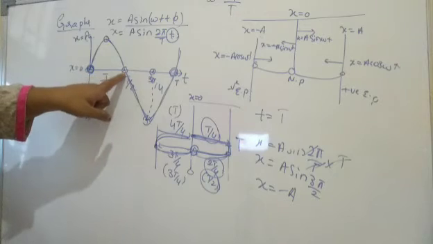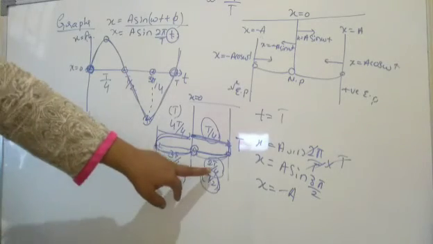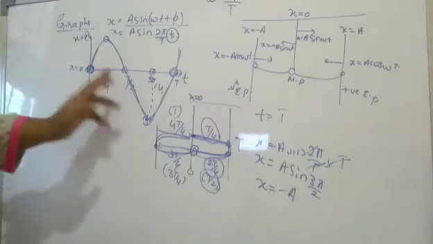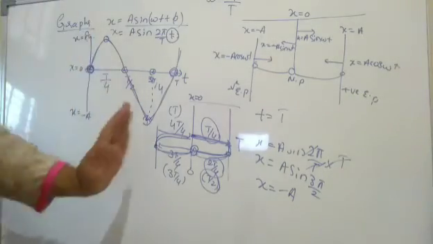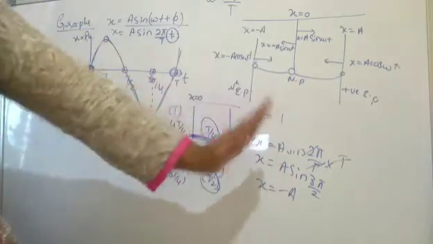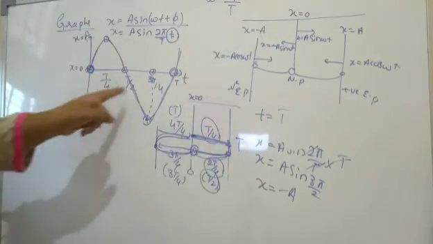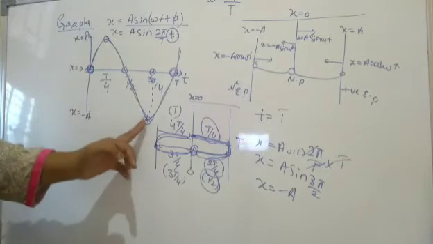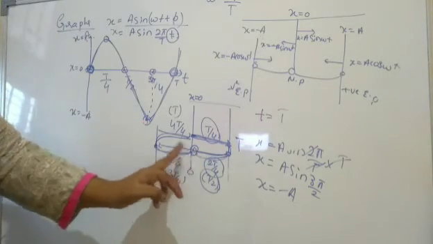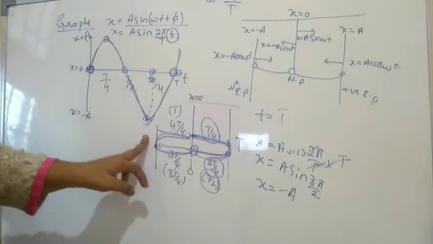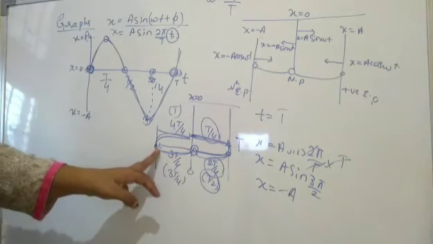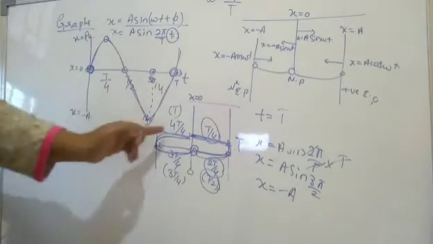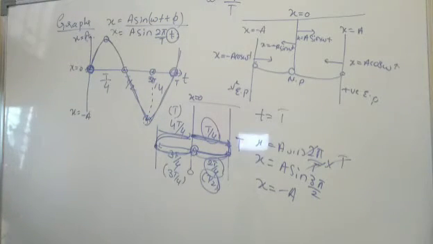Then again it is coming back to 0, the second time of coming back to the origin position, right? Second time means 0 to extreme, extreme to 0. Then again 0 to extreme. Which kind of extreme? Negative extreme. So this is the negative extreme. We are getting minus a. Then after going to the negative extreme, it has to move to the mean position. So this kind of graph we are getting.